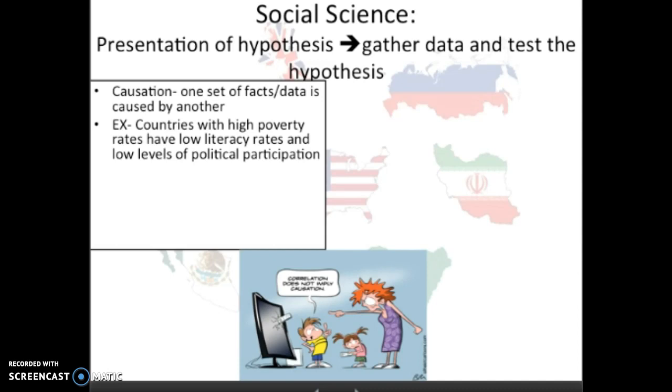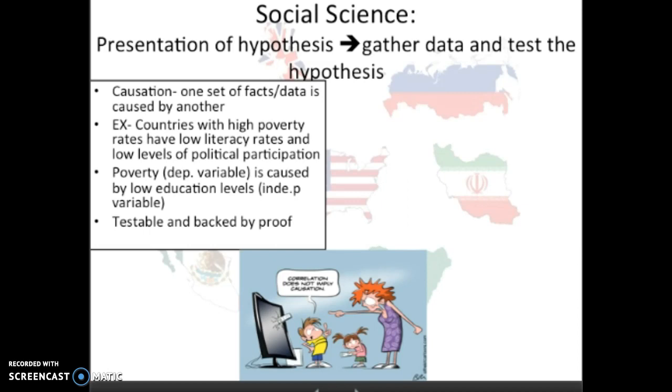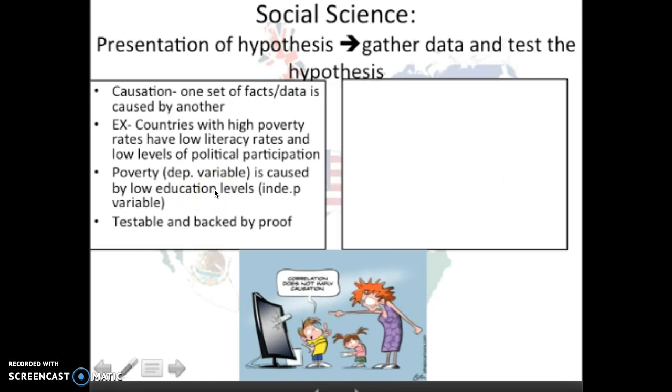That's all data that you can point to. So poverty is a dependent variable, and it's caused by the independent variable of low levels of education. It's all tested, it's all testable, and it's backed by proof. You can look at the education levels and notice that as education levels go up or down, so do poverty rates.